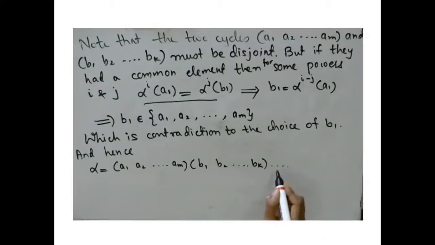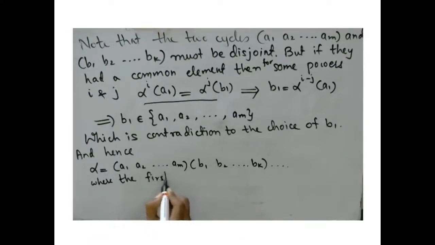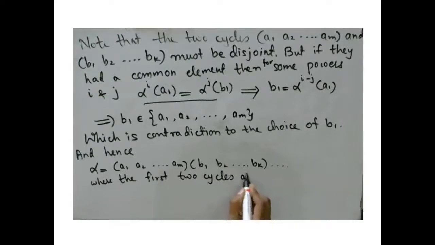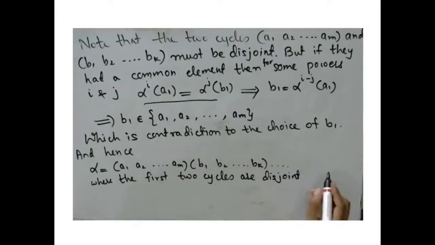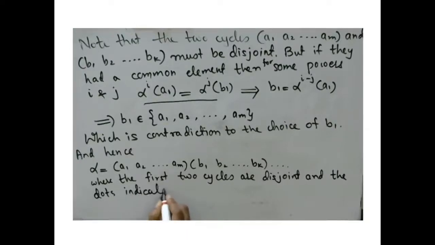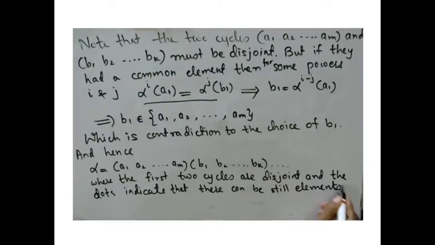Because it may happen that this set does not contain some element of capital A, or these two cycles have not exhausted all the elements of A. And these two cycles are disjoint, and the dots indicate that there can still be elements in A which are not exhausted by the above two cycles.